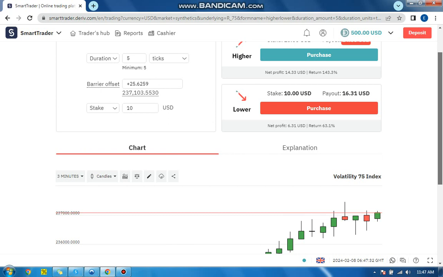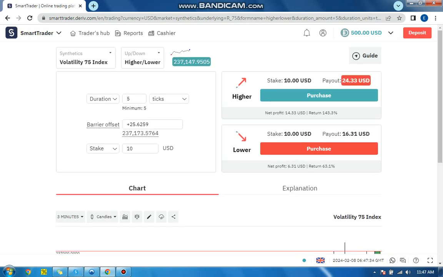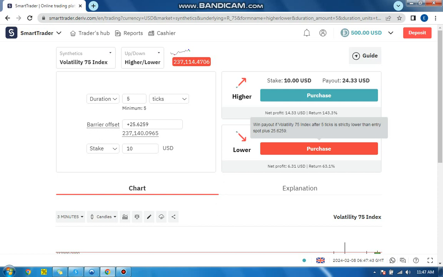So what we're gonna do over here, how you can make $100, is we're gonna start off with the first $10, and then we're gonna keep on adding the profit. So I'm gonna take the first one. As you can see, there was a blue tick, now it just went down.